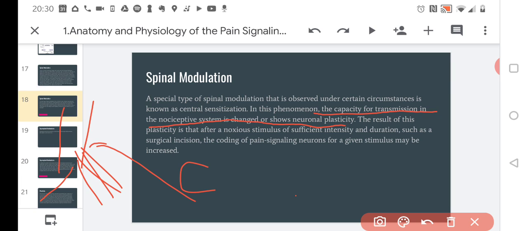So the result is that after a noxious stimulus of sufficient intensity and duration, such as a surgical incision, the coding of pain signaling for a given stimulus may be increased. Surgical incisions are generally relatively huge traumas. We can't imagine having surgery without anesthesia.